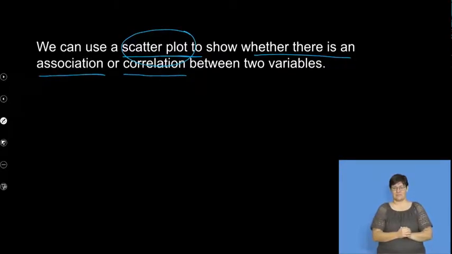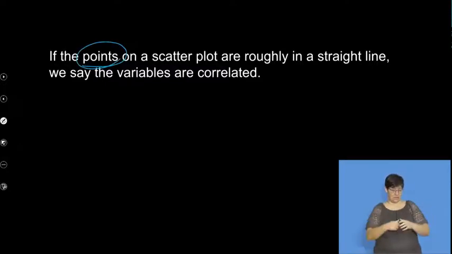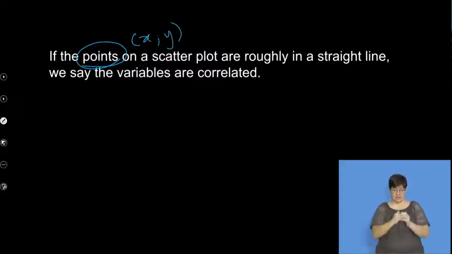So let's see what we have. If points on a scatter plot, so we're talking about points. When we talk about points, we're talking about independent and dependent variables. So it's the coordinate, which is x, y, okay? So we put those coordinates, we kind of have a table, and we put all our coordinates.